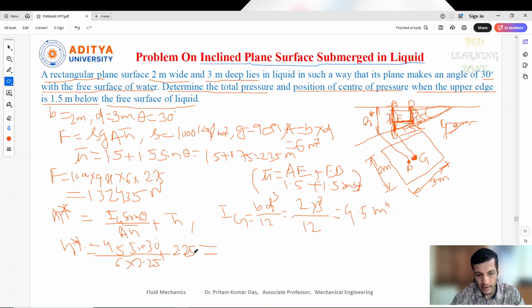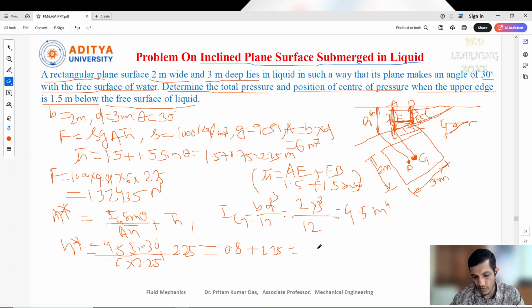So we get 4.5 into 1 by 2, which is 2.25. The 2.25 cancels, leaving 1 by 6, so about 0.8 will come here, plus 2.25.